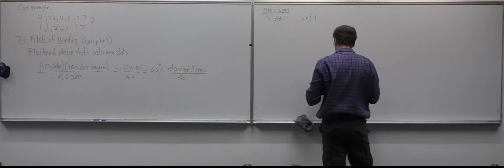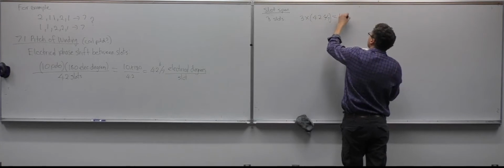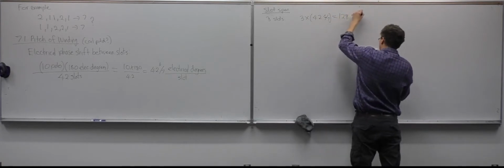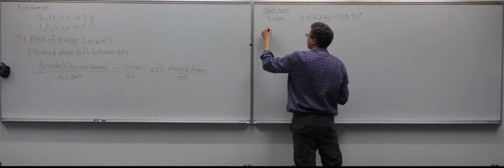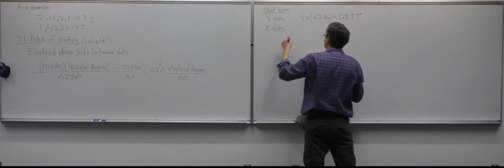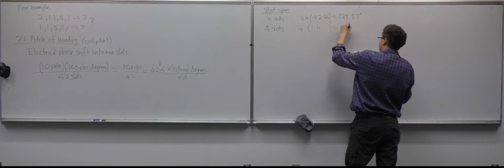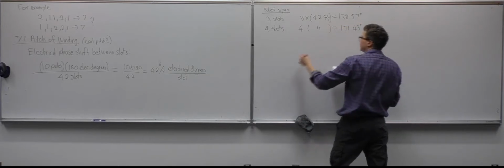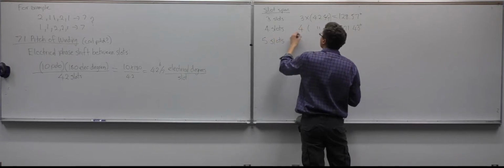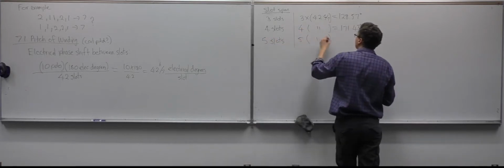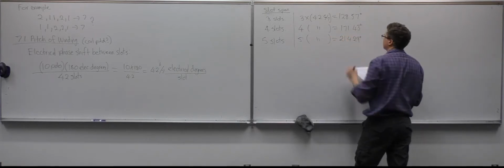So 3 times 42 6/7 gives 128.57 degrees. 4 slots will give 171.43 degrees. And 5 slots will give 214.29 degrees.